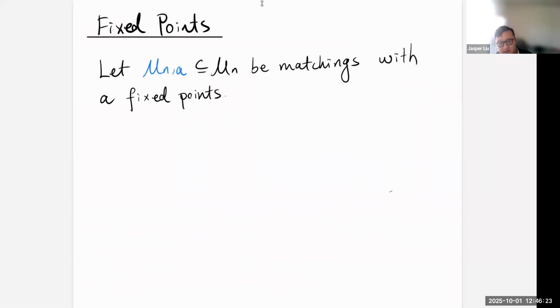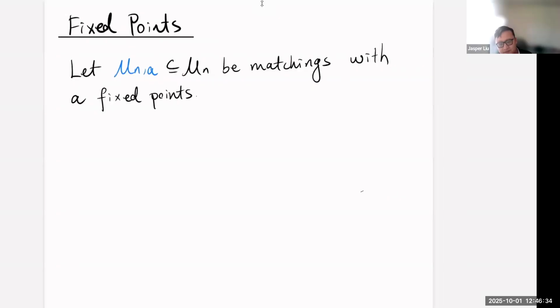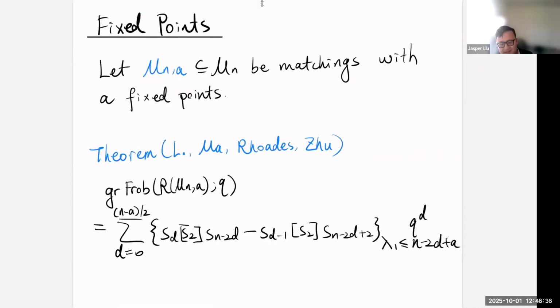And there is another result by fixed points, which we actually know the least about. If we take matchings or involutions with exactly a fixed points, the graded Frobenius image will look like this. It's a very lengthy and messy formula, which we do not understand very well.